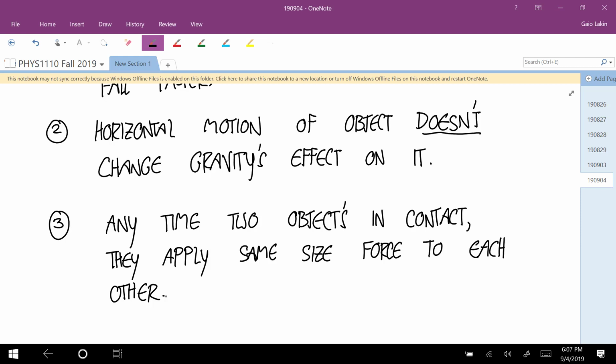But the forces that they're exerting on each other still have the exact same size. The difference is that one person is able to deal with that size force with what they're doing with their legs, and possibly has more mass, which helps a little bit. And the other person isn't able to exert a force on the ground that can counteract that contact force.